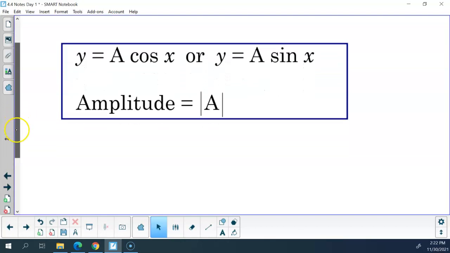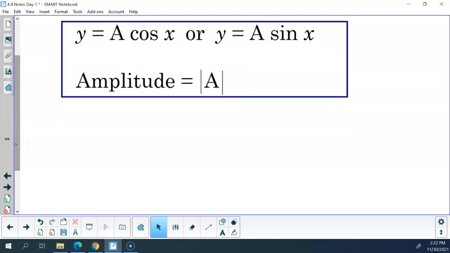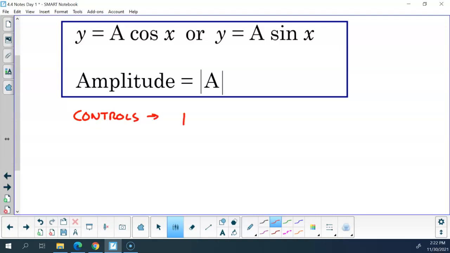So let's talk about amplitude. First off, the amplitude is always positive because it's a distance. Distance from middle to high, middle to low. So what the A controls is how high your curve goes.